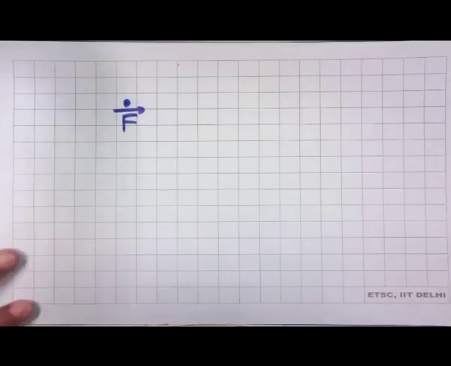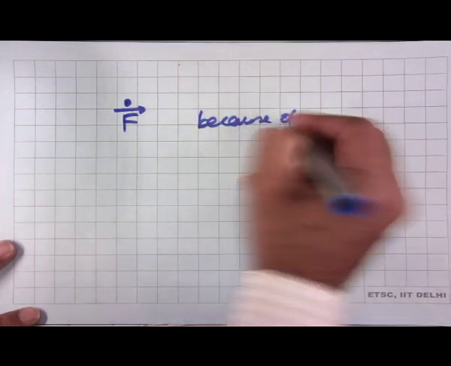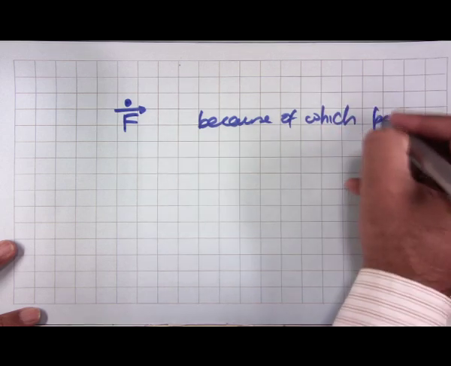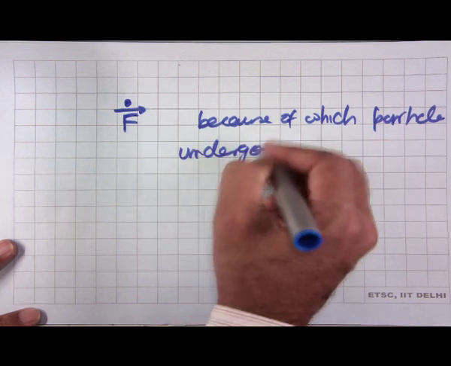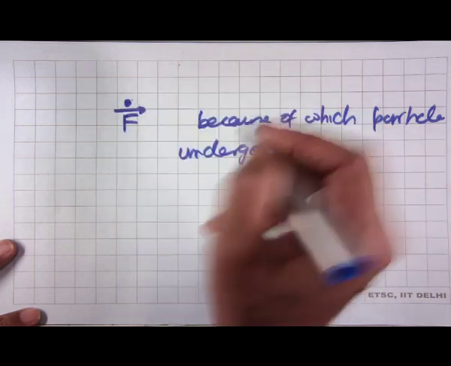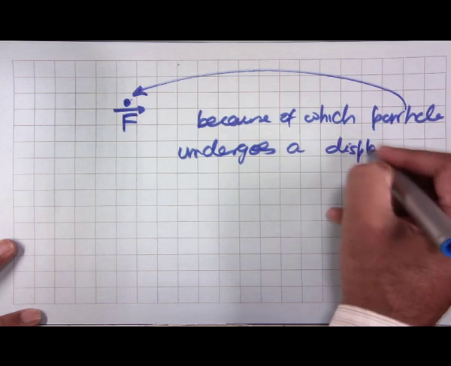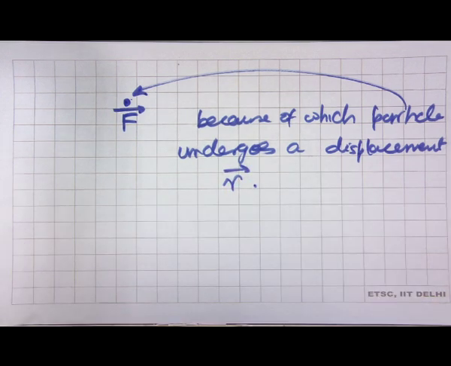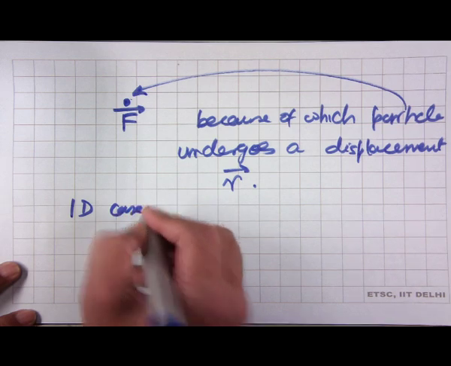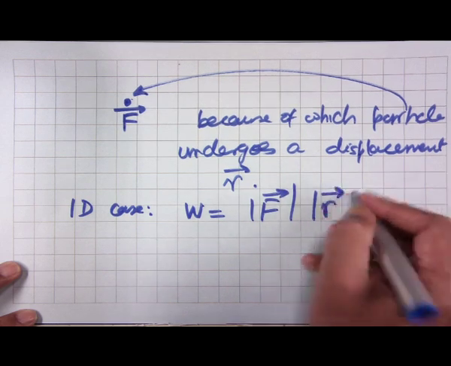We have a force F which is acting, because of which the particle, which I am showing as a dot, undergoes a displacement R. So, for the 1D case, work done will be equal to magnitude of F times magnitude of R.